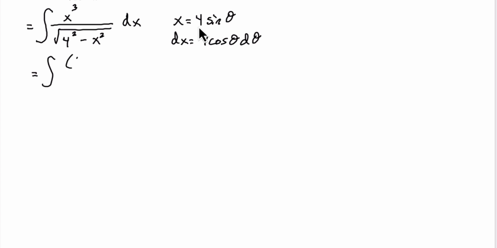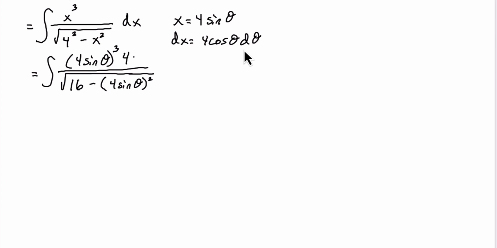That is (4 sine theta) cubed, divided by the square root of 16 minus x, again we replace with 4 sine theta, and that is being squared. Then we replace dx with 4 cosine theta d theta. I like to put d theta on the outside.